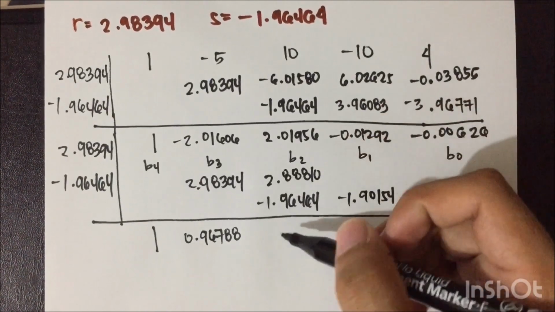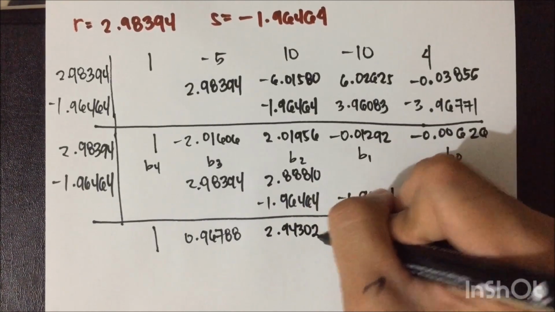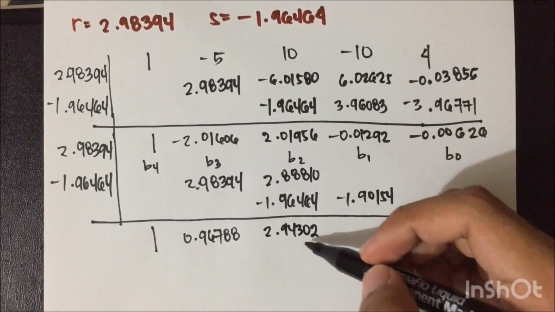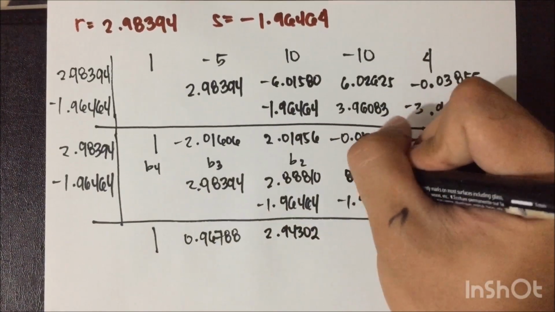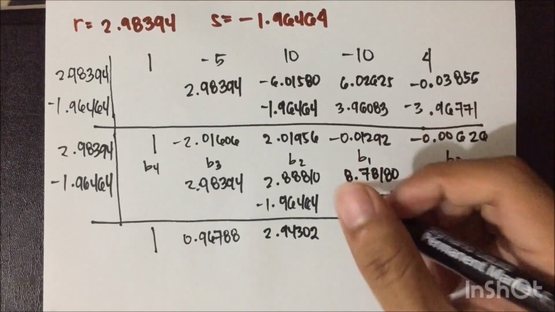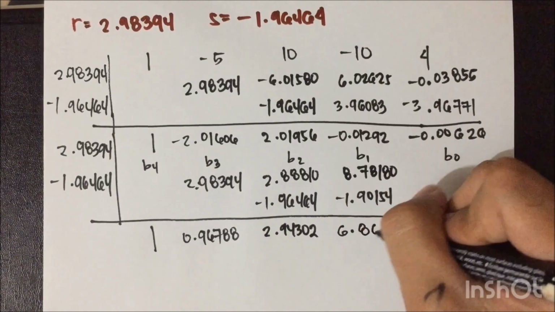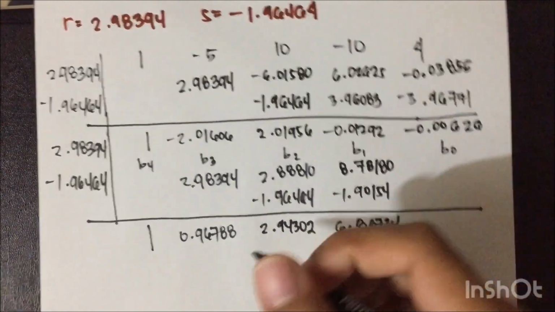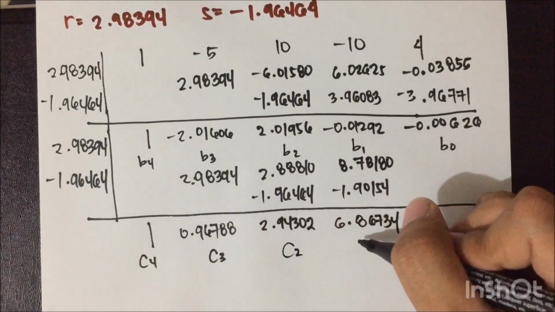So the sum of these values is 2.94302. Lastly, 2.94302 times the value of R, we have 8.78180. The sum of this is 6.86734. We label this as C4, C sub 3, C sub 2, and C sub 1.